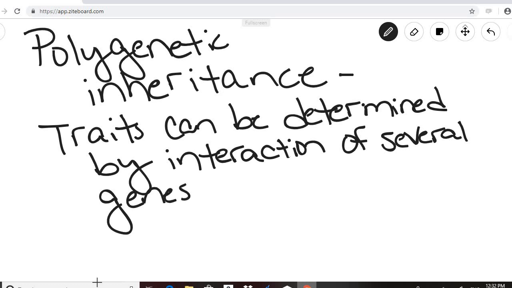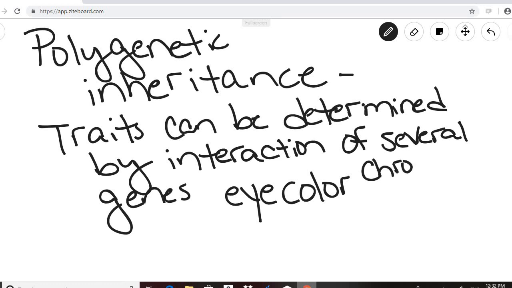So eye color is an example. Your eye color is actually dependent on one gene that is on chromosome 15, and then another gene that is on chromosome 19.